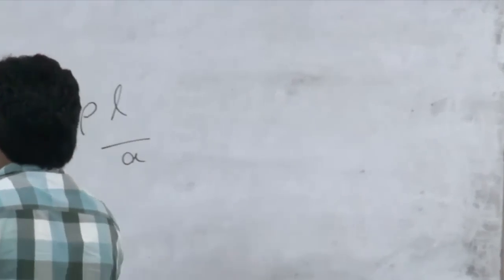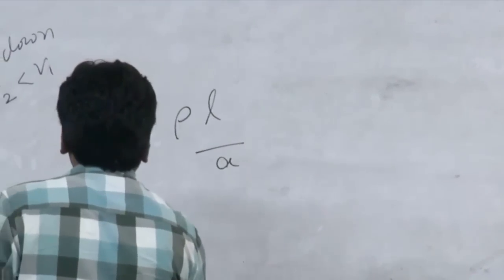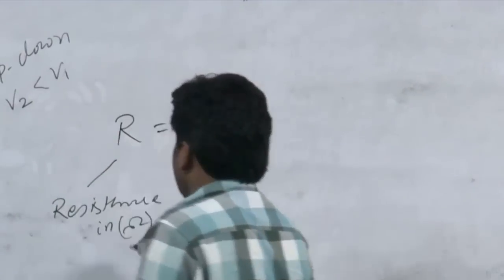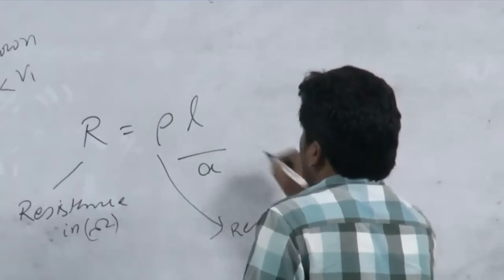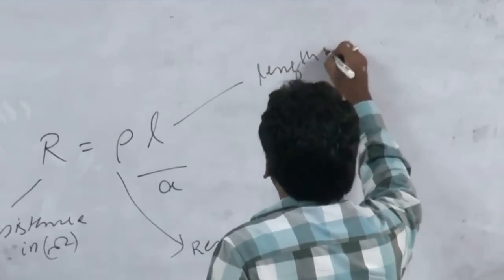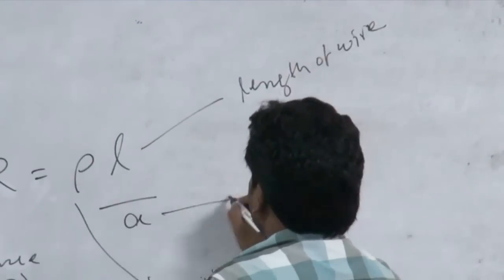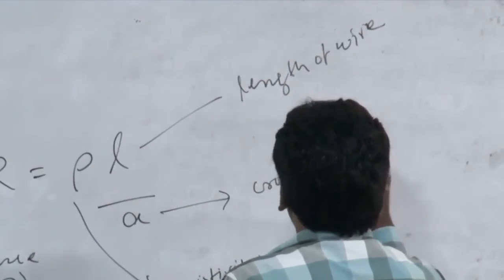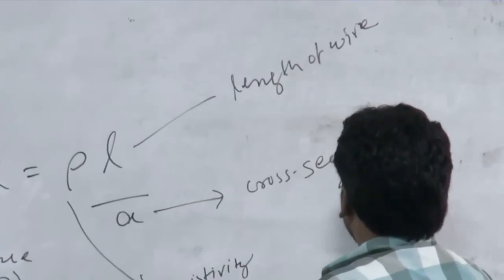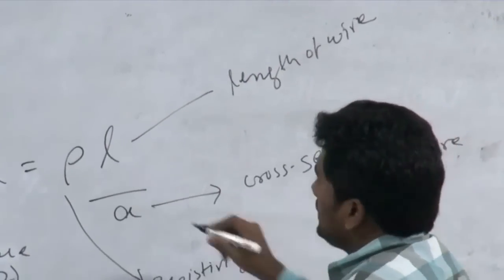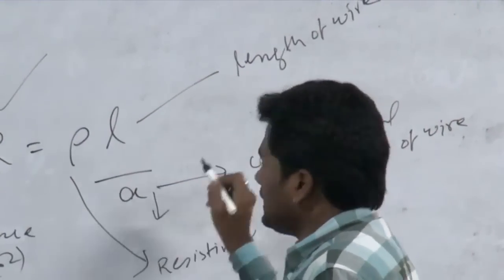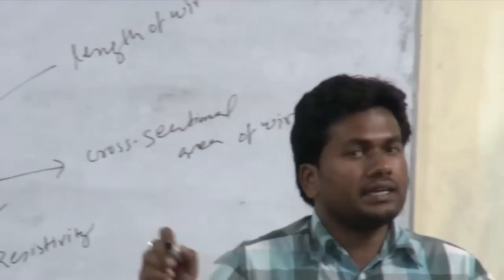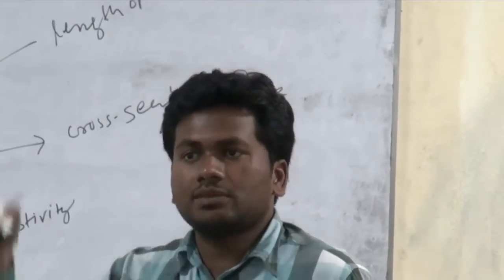R stands for resistance in ohm, rho stands for resistivity, L stands for length of wire and A stands for cross sectional area of wire. So when resistance is increasing, area has to decrease. The conductor which has less area will have more resistance. So less area stands for more resistance.